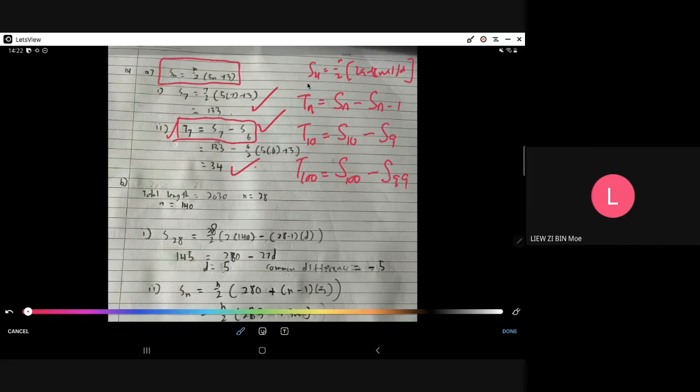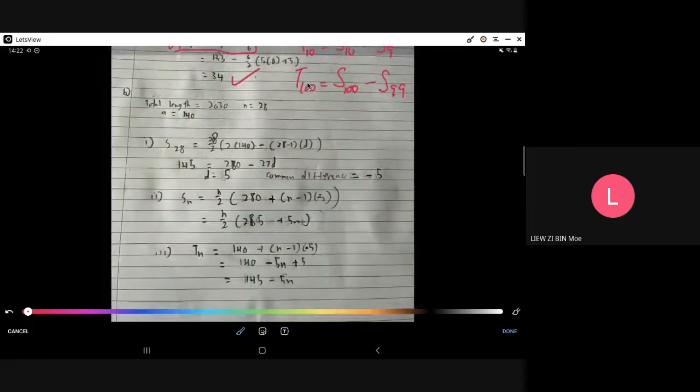For the B1, the question already said that the sum of 28 terms is 2030, so I just put all of the information into the formula and I would get d equals 5. But the question says starting from the largest, so it's decreasing, so it's minus 5.